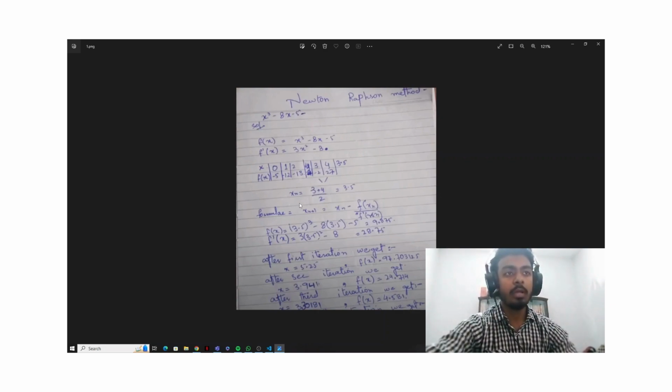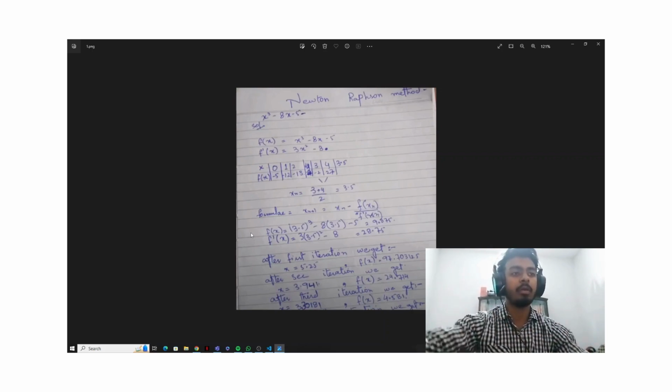So we are going to take x(n) as 3.5. We took an average, so it becomes 3.5. Then we put this 3.5 in our first equation, x cube minus 8x minus 5, and check our answer, that is 9.875.